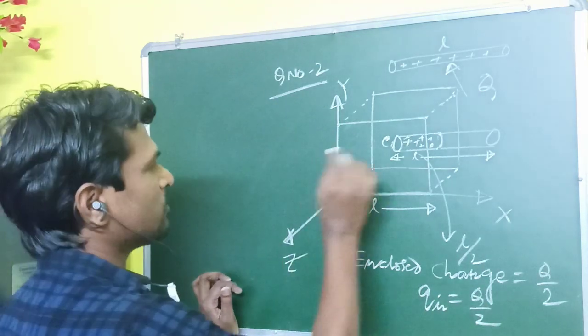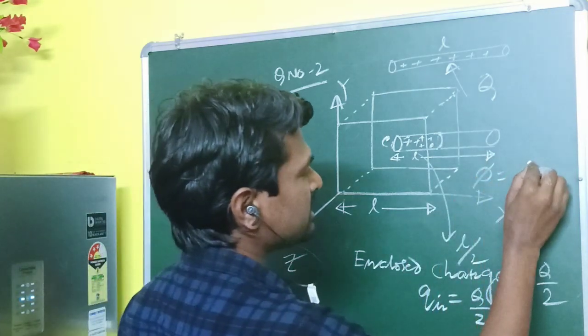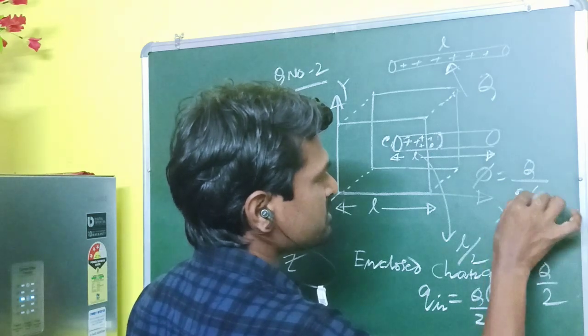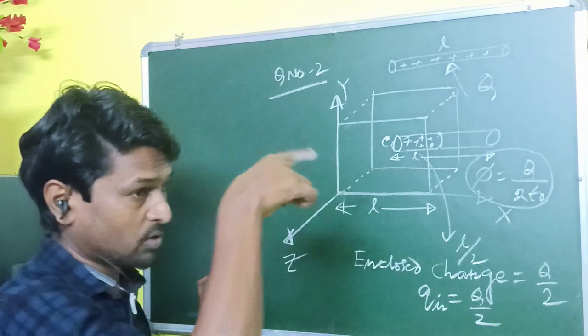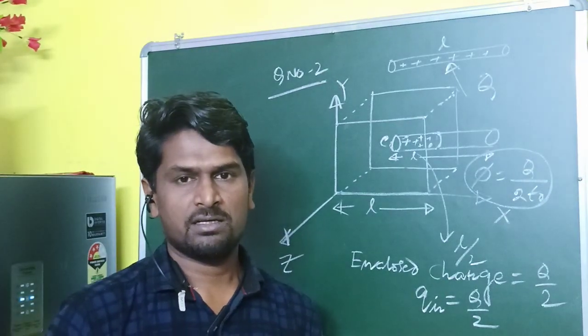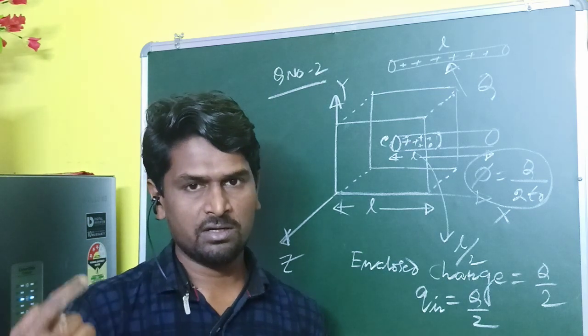So the flux equals Q inside by epsilon naught, that is, Q by 2 epsilon naught. So the answer is given. It is a simple numerical, but the concept within it, I think, can click your concepts.